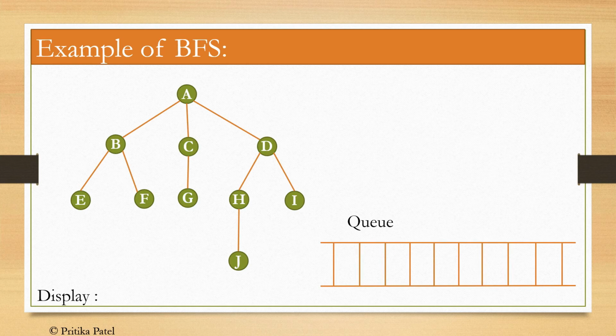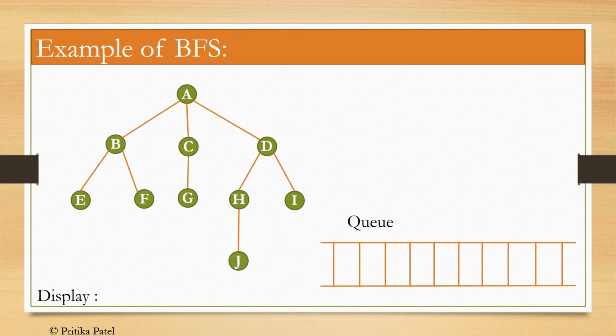Here one graph is given which has vertices A, B, C, D, E, F, G, H, I and J, right? Here one Q is already drawn which we use for breadthwise motion, that is breadth first search, and one array is used to display the vertices, right? So now start from rule number 1. Visit the starting vertex and mark it as visited, right?